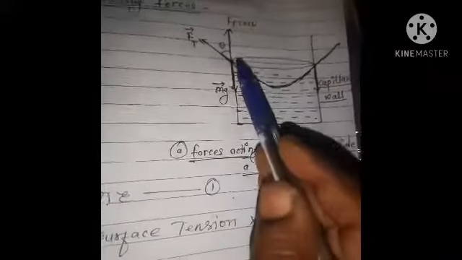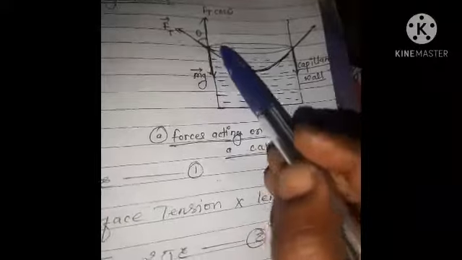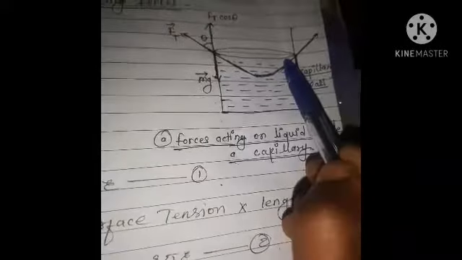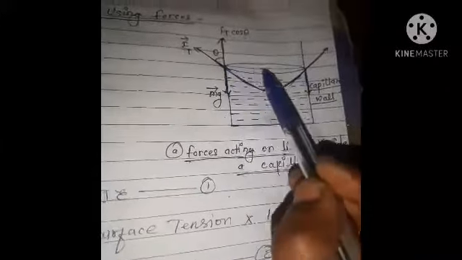Suppose the concave meniscus of liquid is at plane level. Suppose this concave surface is a plane surface.